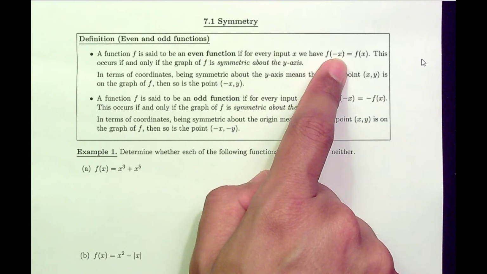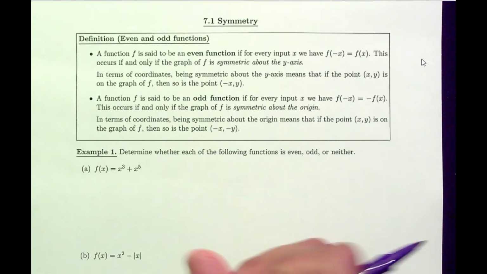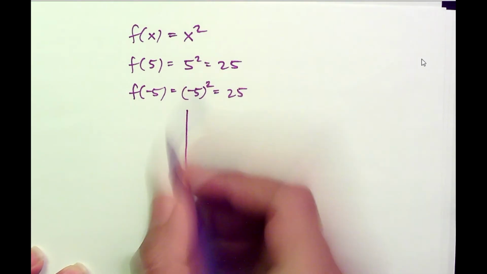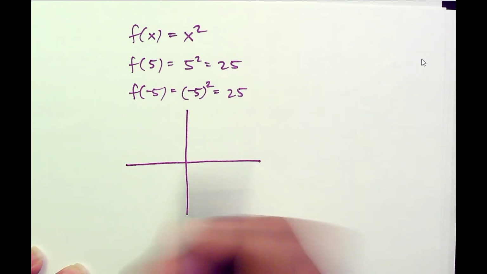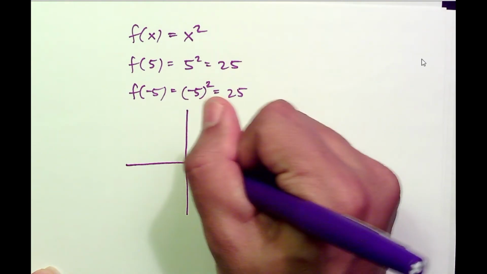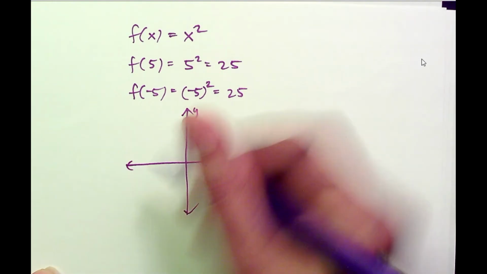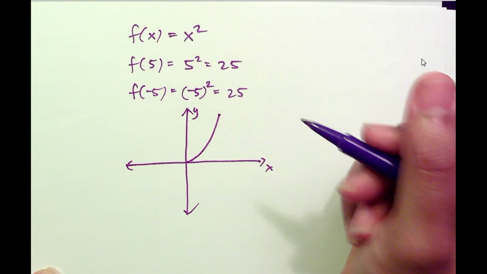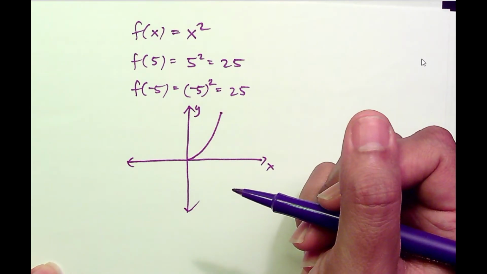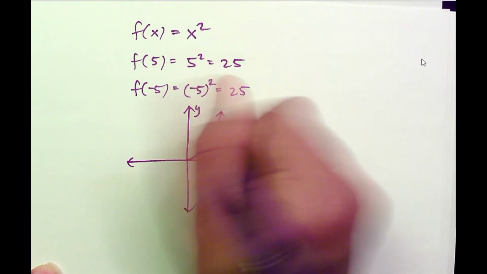In terms of graph, a function is said to be even if the graph, when you look at the side that is to the right of the y-axis, then the side that is to the left of the y-axis is a mirror image, like a reflection of that one.